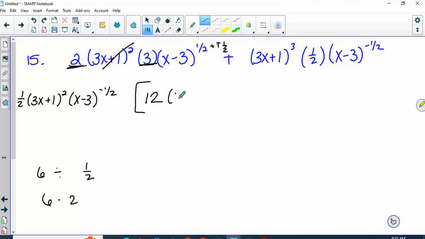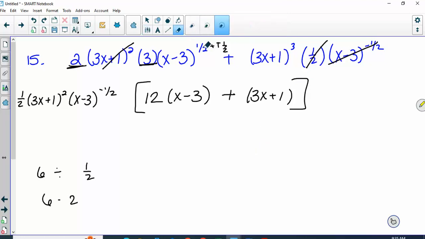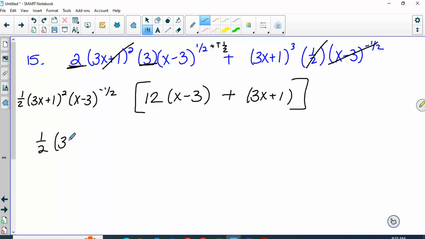So you just get 1. This term you took out the 1/2, you took out 2 of the 3x plus 1, so we just have 1 left. And we took out all of this. So taking out that fraction really actually makes our problem a lot prettier to deal with.